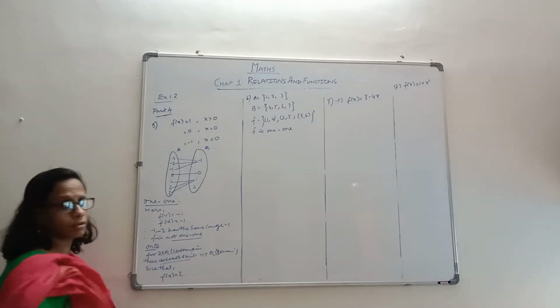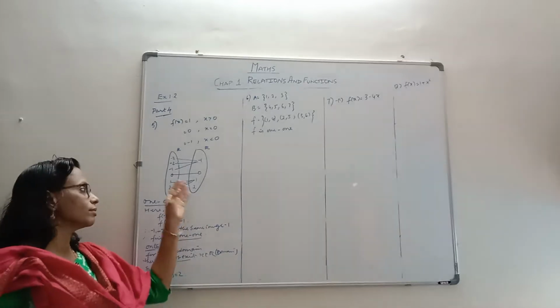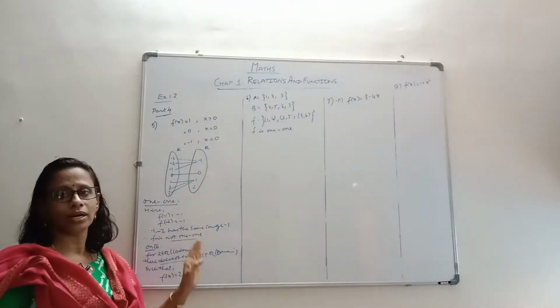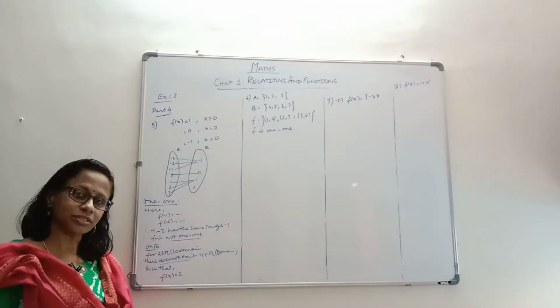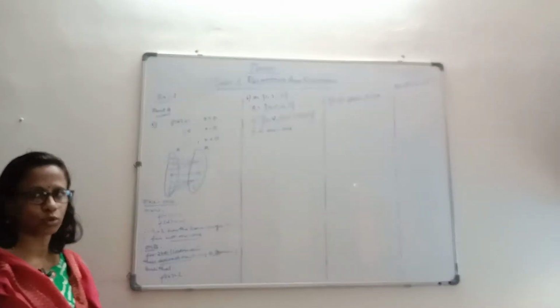You don't have any element that is related to 2 here. You have pre-images only for minus 1, 1 and 0. That is why it's not onto. So that's about this. It's called a signum function. I think it's given in the textbook also.